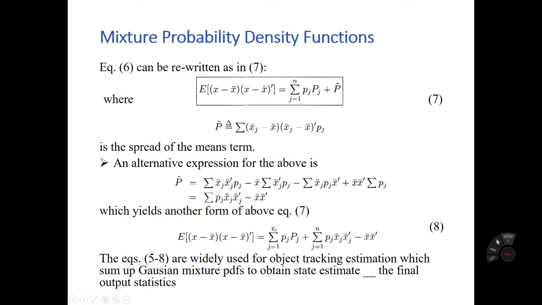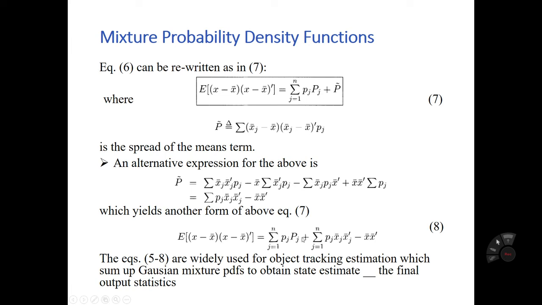So we first calculate the object state and covariance, meaning xj and pj, for every scan individually. And you can assume that j is a measurement.